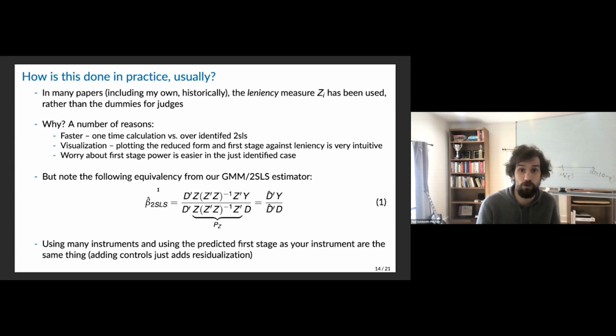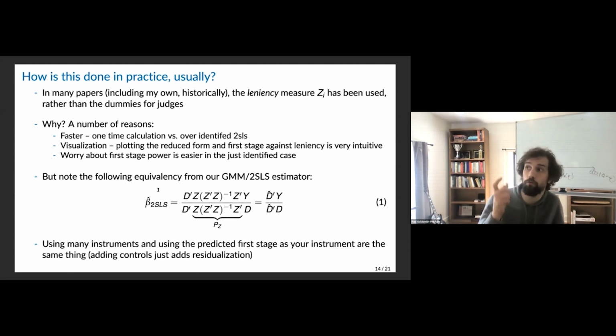When you have a huge number of judge dummies, in our case something like 110 judges because you're looking across lots of places, it becomes very slow. Versus if you construct a single leniency measure, you're just identified and you have one instrument. The claim is obviously that you've done this fitted thing where you've exactly controlled for it. The second is this visualization point.